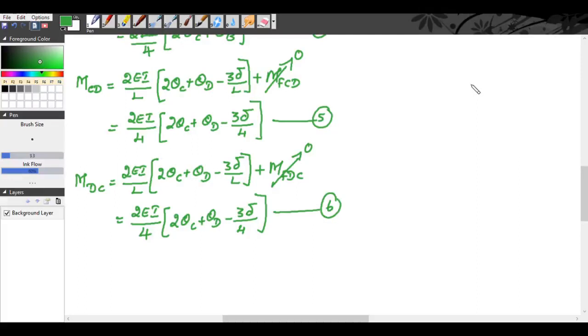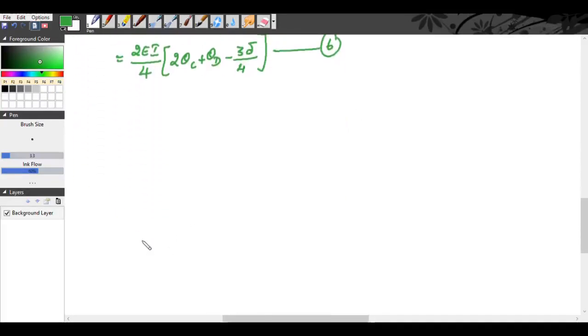Now we will go for the joint equilibrium equations. Our next step is writing the joint equilibrium equations, that is step 3.